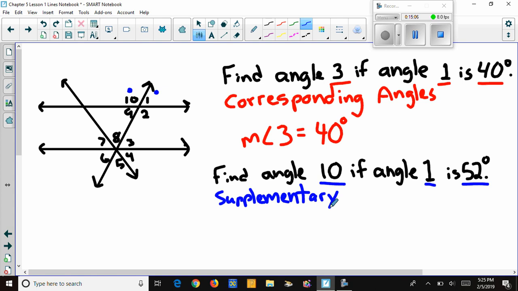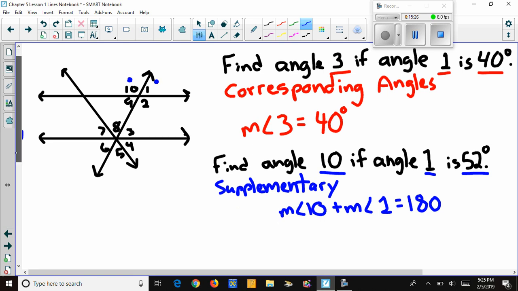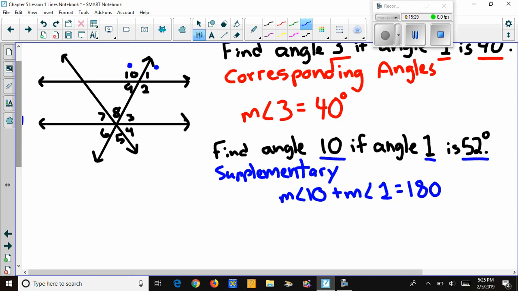And because of that, the measure of angle 10 plus the measure of angle 1 should equal 180. Like we're solving an equation, let's substitute in information that I have. Well, I know that in my example, the measure of angle 1 is 52 degrees, and that should be equal to 180 degrees.